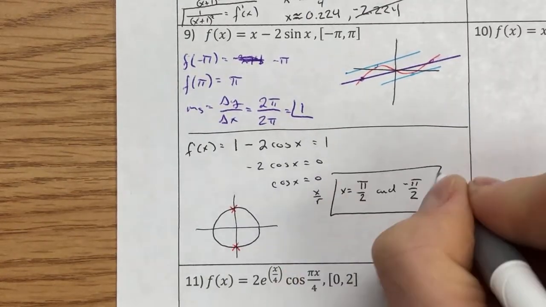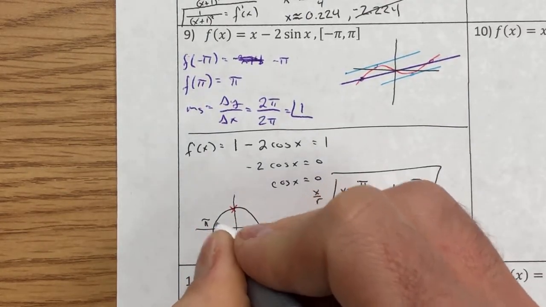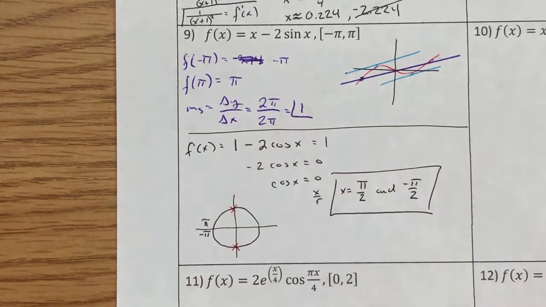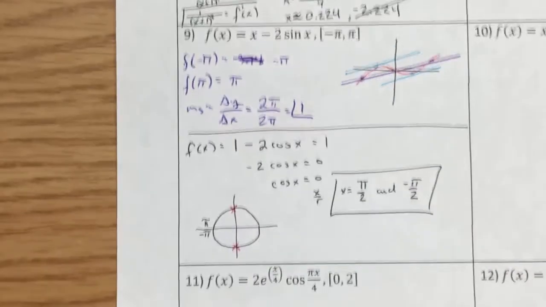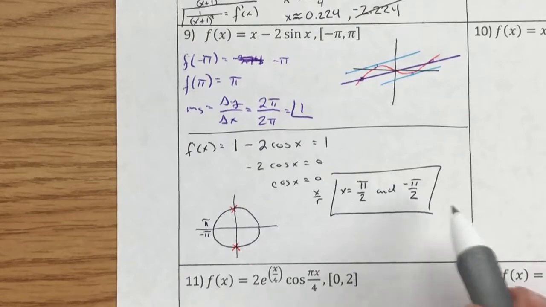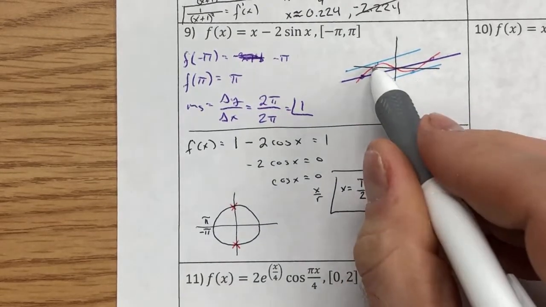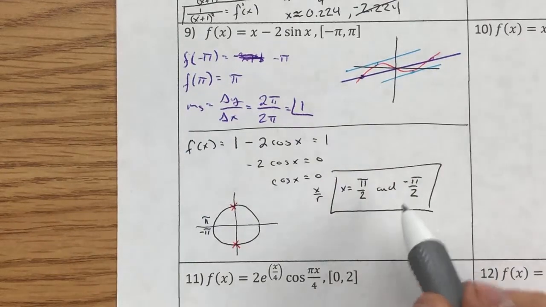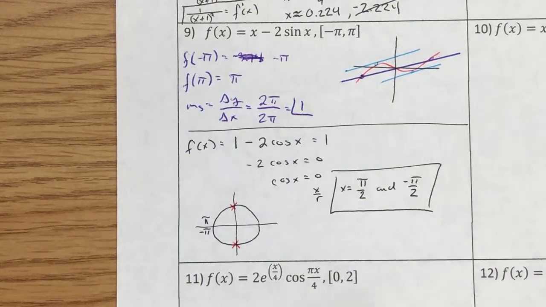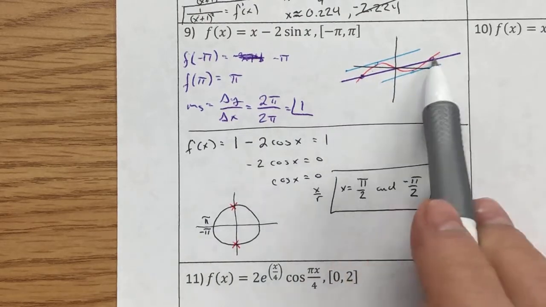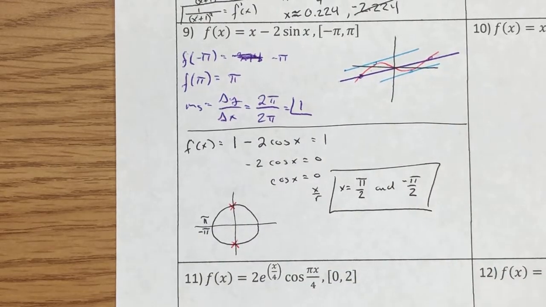We know this is positive pi and this is negative pi from the other direction, so I'm cutting that in half. So I've got pi over 2 and negative pi over 2. Theoretically I could plug those values in and see what that coordinate would be, but we're not concerned about that. We're concerned about the two values where my tangent lines are equal to my secant line.